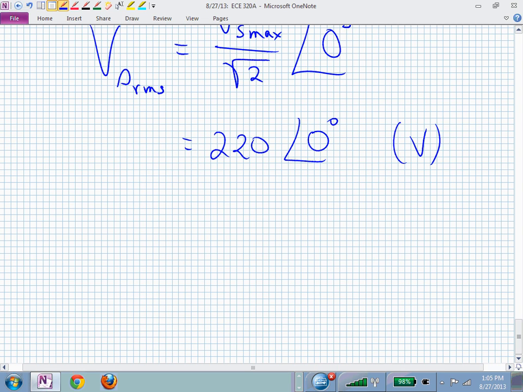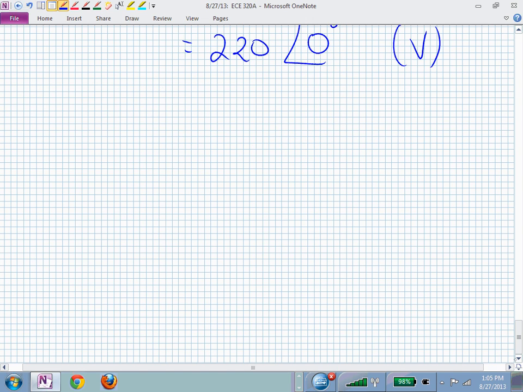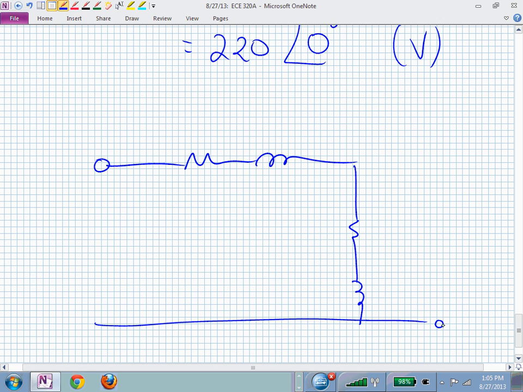Now we can redraw our circuit, can't we? Now we can look at this circuit in the phasor domain. Let me just go ahead and put in the numerical values. Let me say it's 220 at 0 degrees.